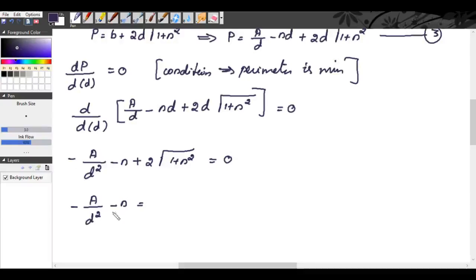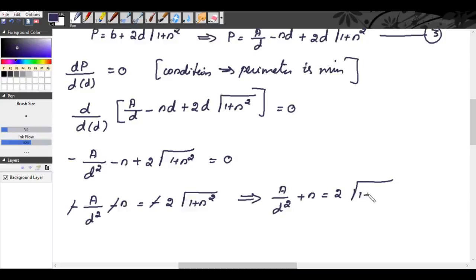So minus A by D square minus n is equal to minus 2 into square root of 1 plus n square. So we can cancel this minus. We get A by D square plus n is equal to 2 into square root of 1 plus n square.